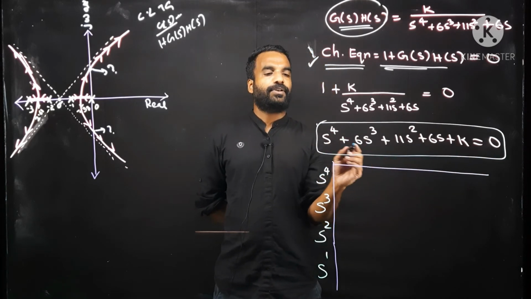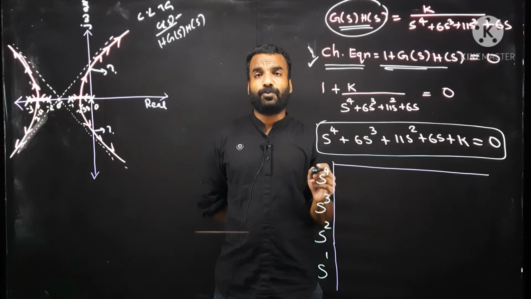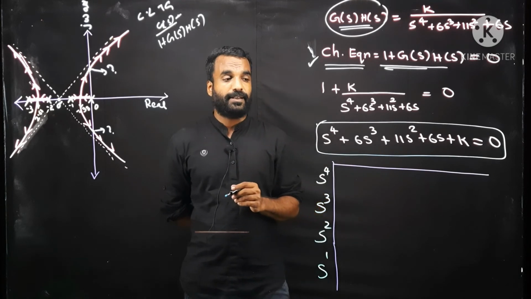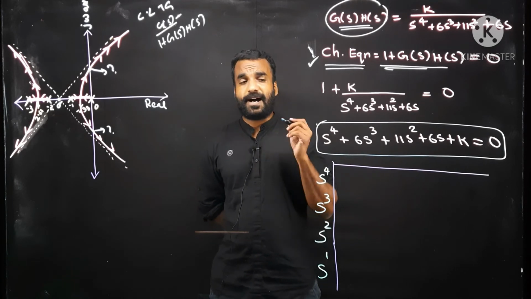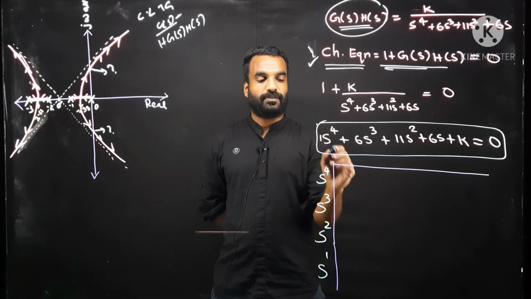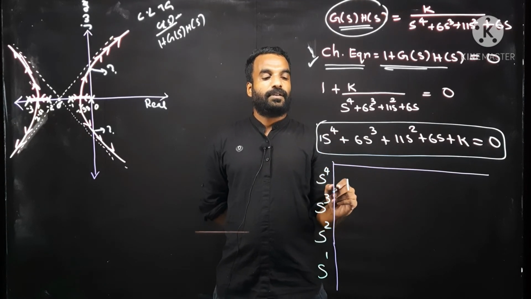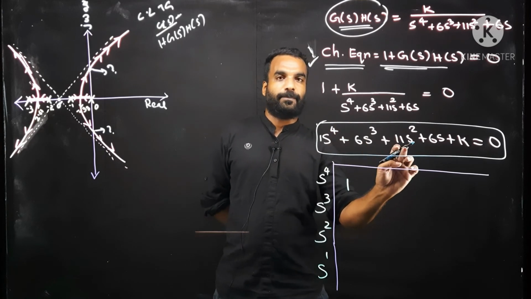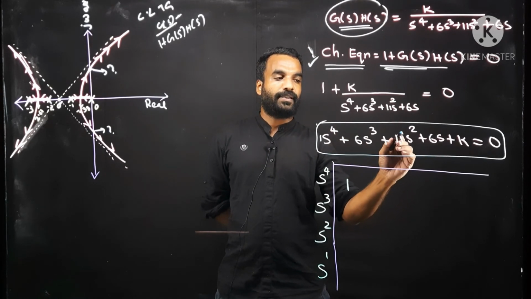The characteristic equation is the main thing we need to apply the RH stability criteria. Now I am going to apply the RH stability criteria. Coefficient of s^4 is 1, so I am writing 1 here. Then the alternate s term, coefficient of s^2, is 11.